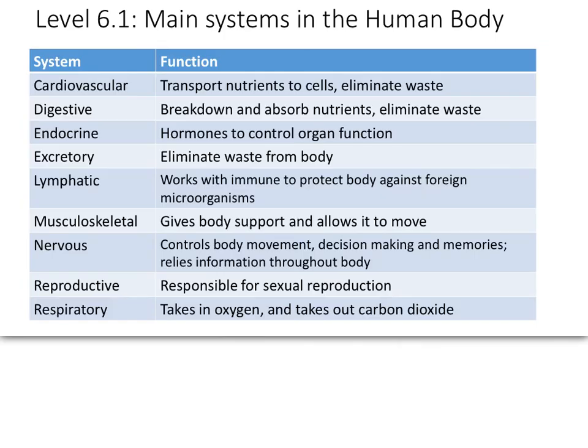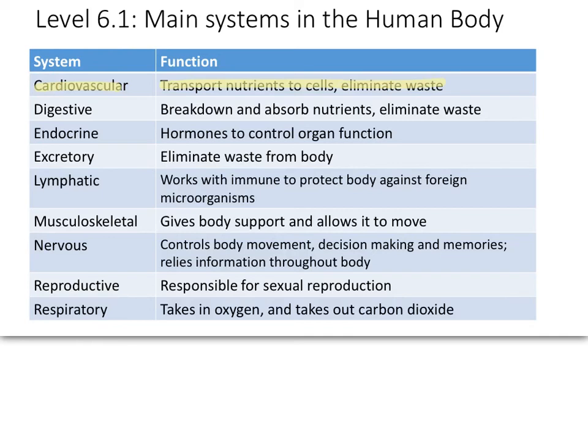Now here we have a list of the main systems in the human body. This entire list is a preview of what we're going to be doing the rest of the year. Key systems: we have our cardiovascular system, the one that we just saw before, and its function is to transport nutrients to the cell and eliminate waste.